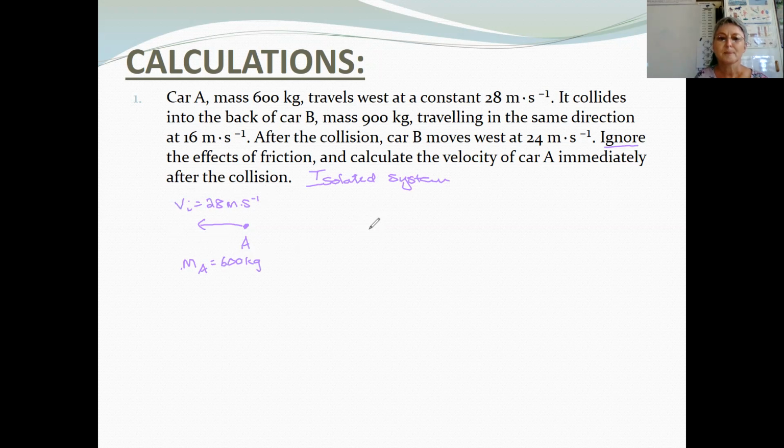Car B is also going towards the west and A hits into the back of B. B has a mass of 900 kgs and its initial velocity is 16 meters per second.